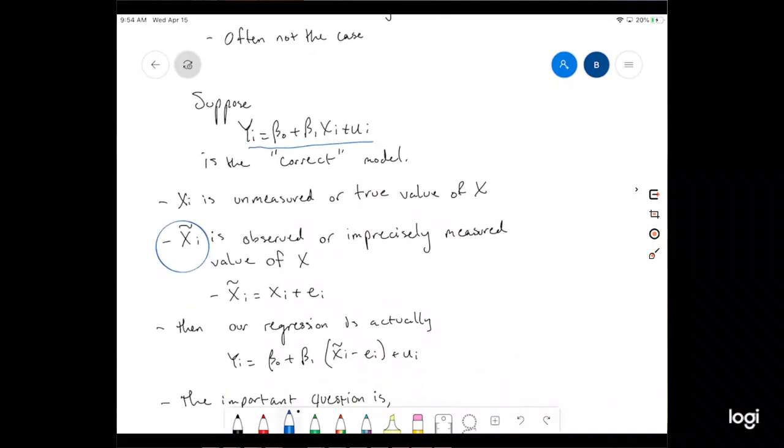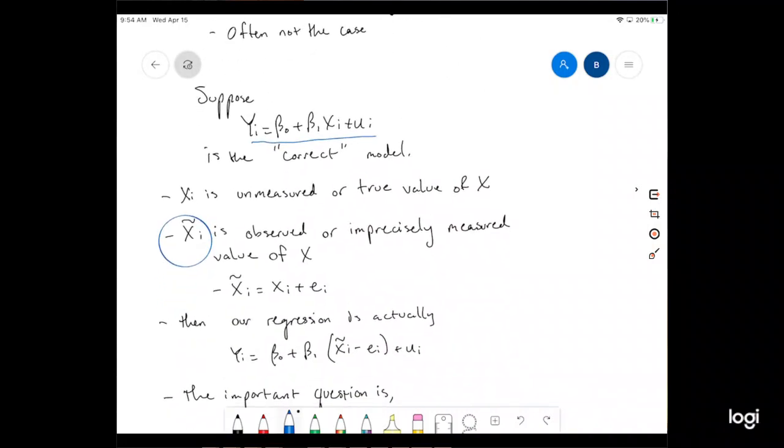Now x wiggle i is equal to xi plus some additional error term, or in other words, the mismeasured value is equal to the true value plus some additional error term. So this error term is going to be our measurement error.